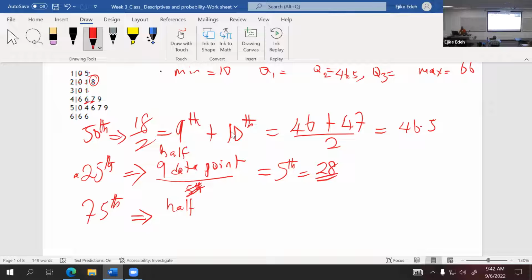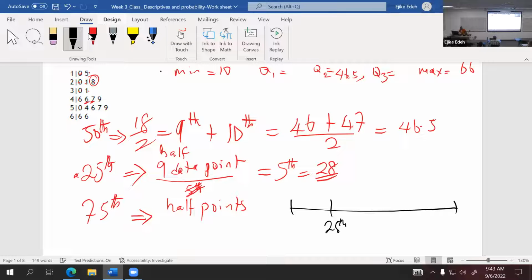So if I have 18 data points, where do you think the 75th percentile position is? If I do this with black, from here to here is the 25th percentile, the first quartile.